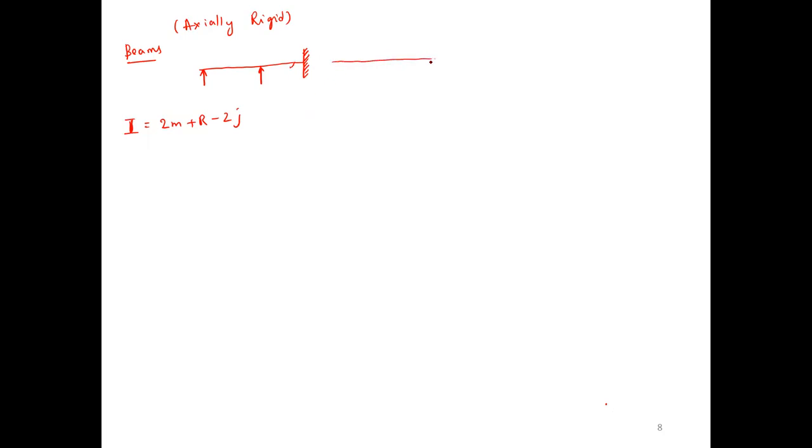Next case, if you have a hinge, even if you have a roller, since it is axially stiff, it will not move. So generally we assume this as axially rigid. That's why the equations of statics we generally consider as 2.